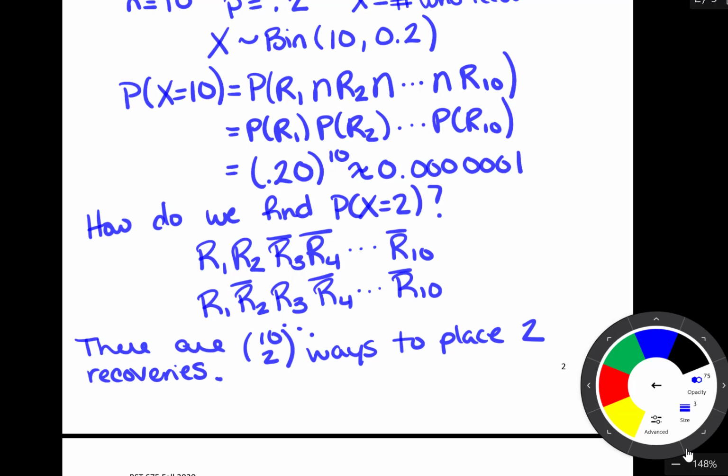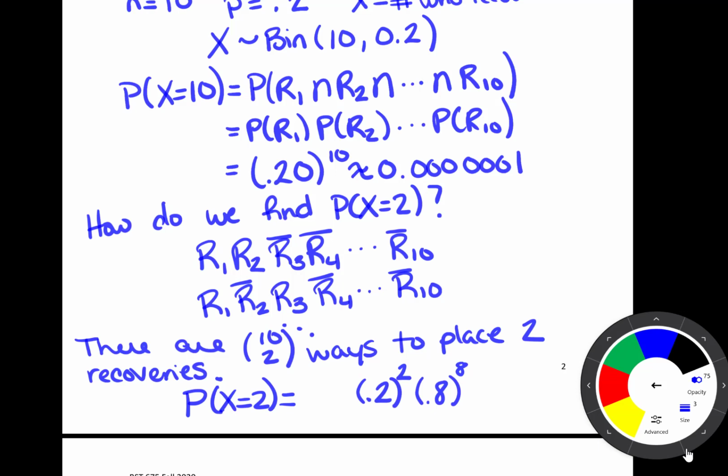So if I wanted to find that probability, what I would say is the probability that x is equal to 2 is equal to, well, I know that I'm going to have 2 people who recovered, so I'm going to take my probability of recovering to the 2nd power. I know that there are going to be 8 people who do not recover, so I'm going to take that to the 8th power, the 0.8 to the 8th power.